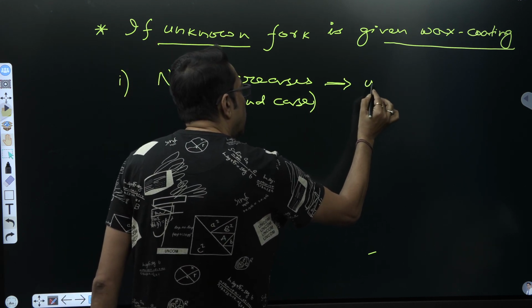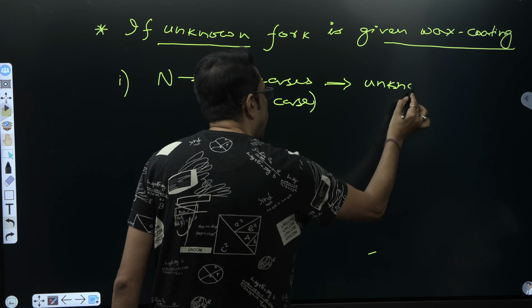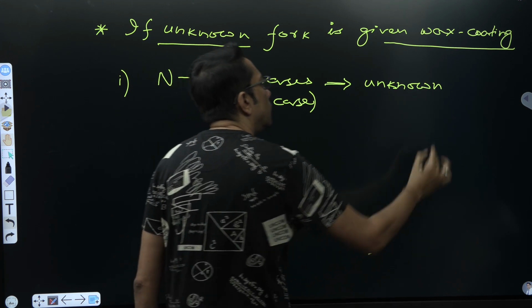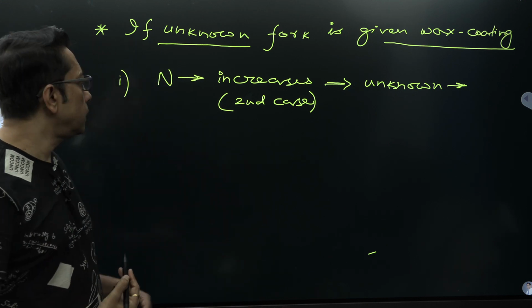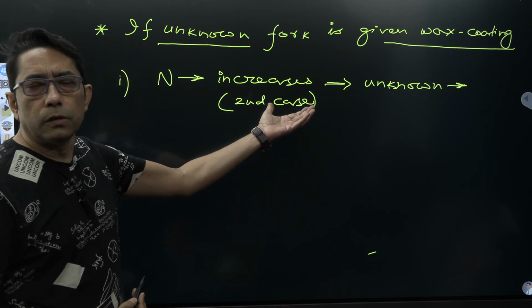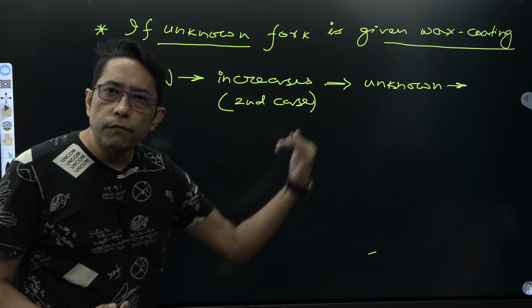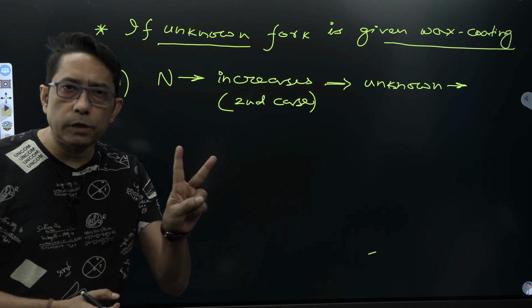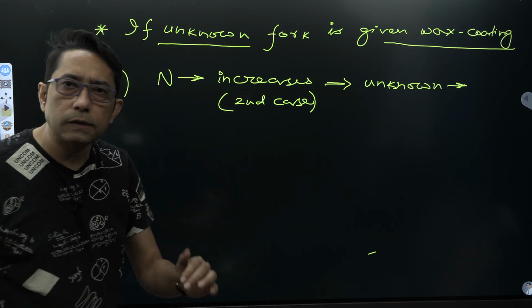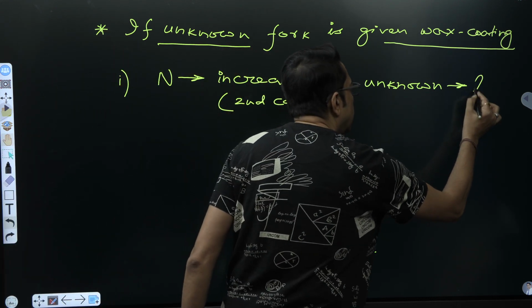So the unknown will be the reverse, just the reverse answer. Like if n increases, the unknown will be of less value. It has to be one of the two answers, 4 more or 4 less. It has to be the less value.